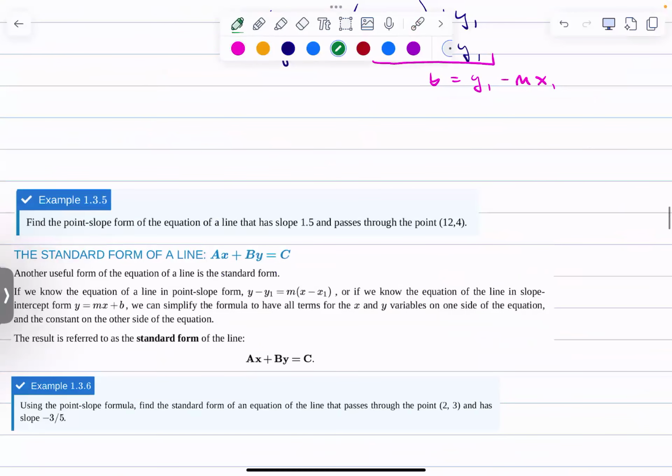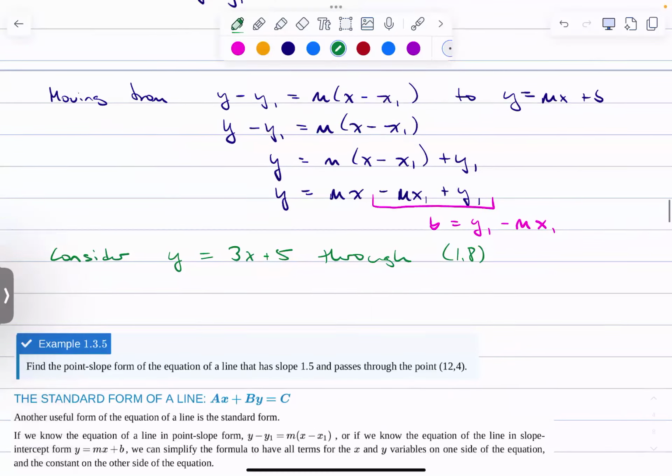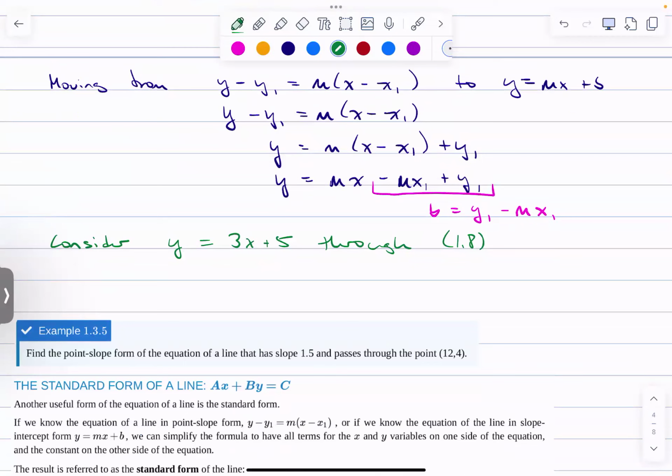So here, consider y equals 3x plus 5 through 1, 8. Okay. In this case, we know that b is 5. Right? We know b is 5. And we know m is 3.